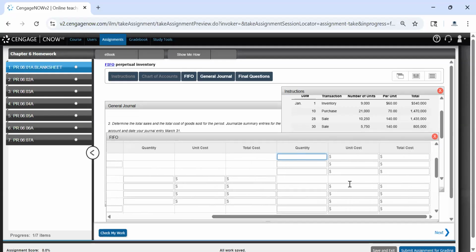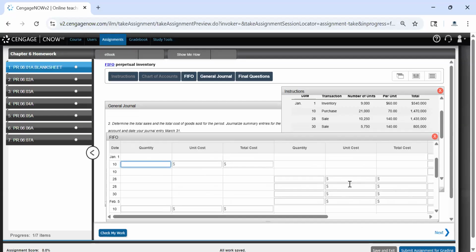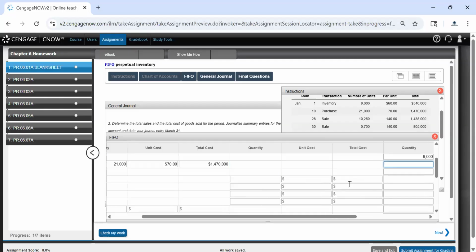And that's pretty simple to enter. We just put our quantity at 9,000 units, $60 a unit, and that's $540,000. Then we have a purchase of 21,000 units, $70 a unit, and that's a total of $1,470,000.